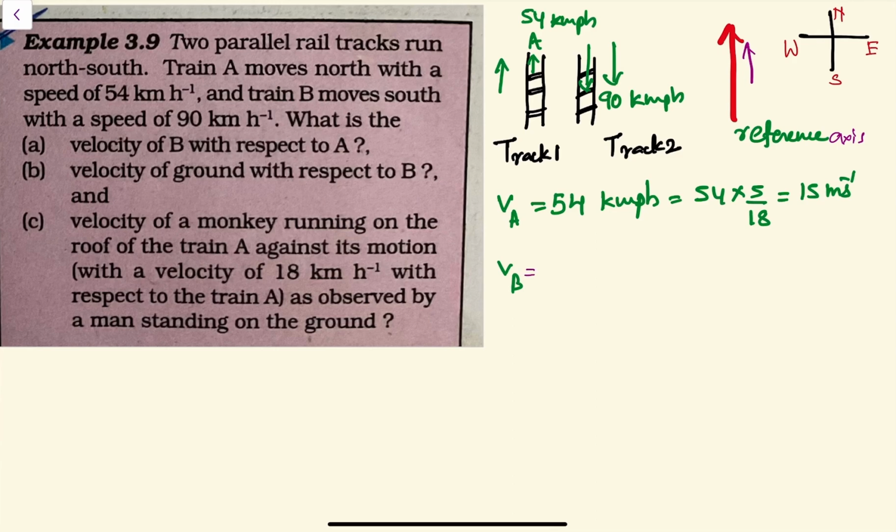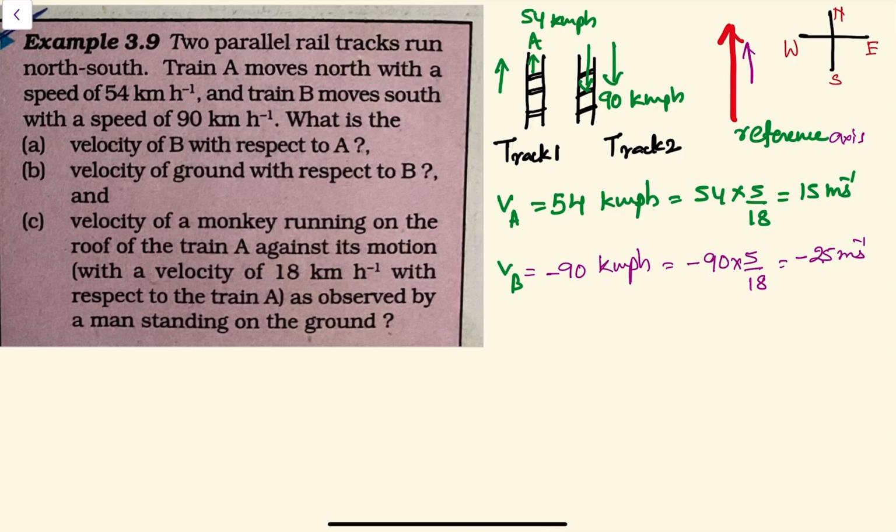So VB is, here they have given us 90 kmph, but I am putting negative here. Minus 90 into 5 by 18, so minus 25 meters per second, right?